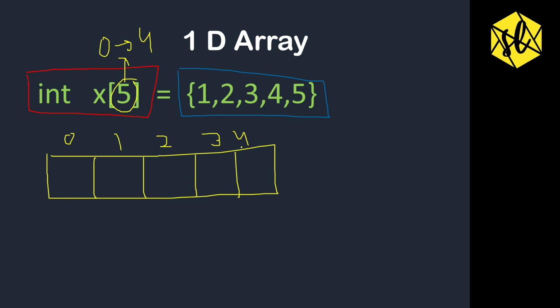Now we have already seen that the data type is integer, so all the values inside must be integers. Also the name of this variable is x. Now what are the values that we have to input? Here 1 will be here, next 2, after that 3, after that 4 and after that 5.